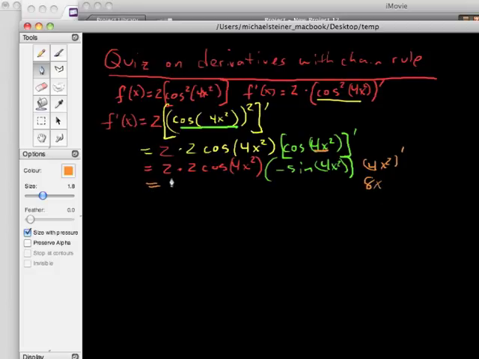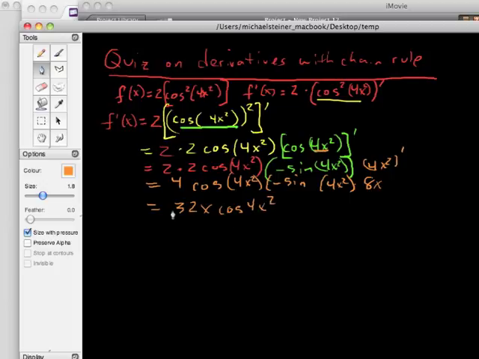So we have 2 times 2 is 4, cosine 4x squared times negative sine of 4x squared, times that. And that is going to be 32x cosine 4x squared, and I'll put the negative over here, sine of 4x squared. And Nick used the double angle formula on this.